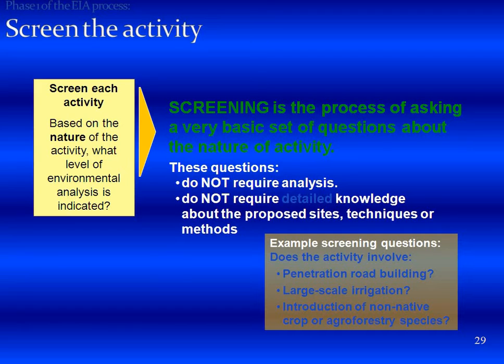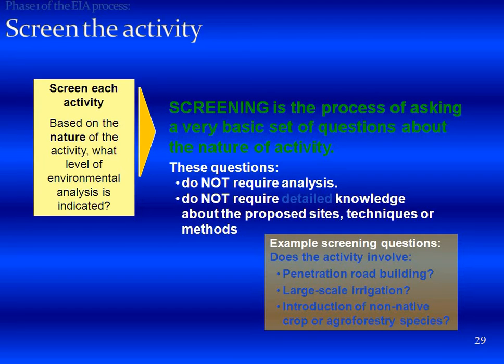At this screening stage we ask this type of question. For example: does the activity involve penetration of road building?